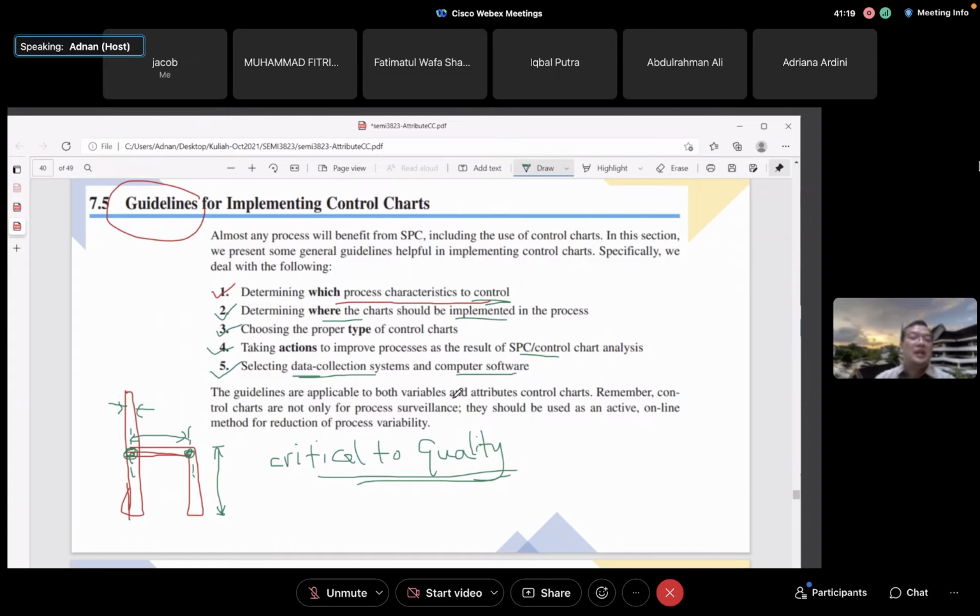For example, to see the height, we may use a digital height measurement, or even a sensing device that can measure the height. So it becomes very advanced for sensing devices. Like when you go for a COVID test, some use manual, some you show your face and it shows the temperature.